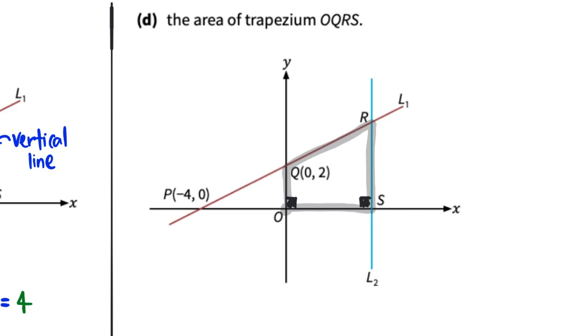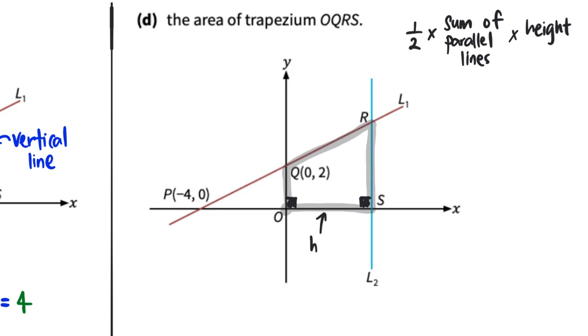The very first thing is I need to know that the area of trapezium is equal to half times the sum of parallel lines times height. So I have gotten my height here already. This is my height because the parallel lines are here. And from the previous answer, I know this is 4, so the height is 4 units.